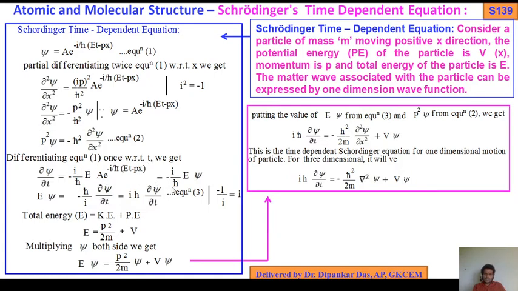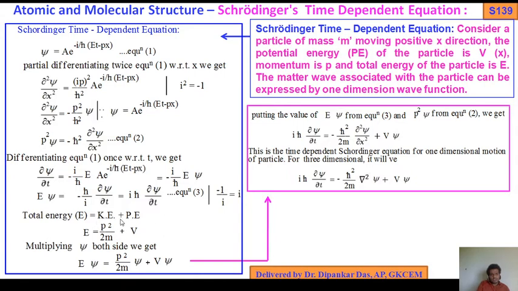So minus i by h bar E psi. Rearranging, E psi equals minus h bar by i del psi by del t. Since minus 1 by i equals i, we can write this equation in this form: E psi equals i h bar del psi by del t. This is assigned as equation 3.